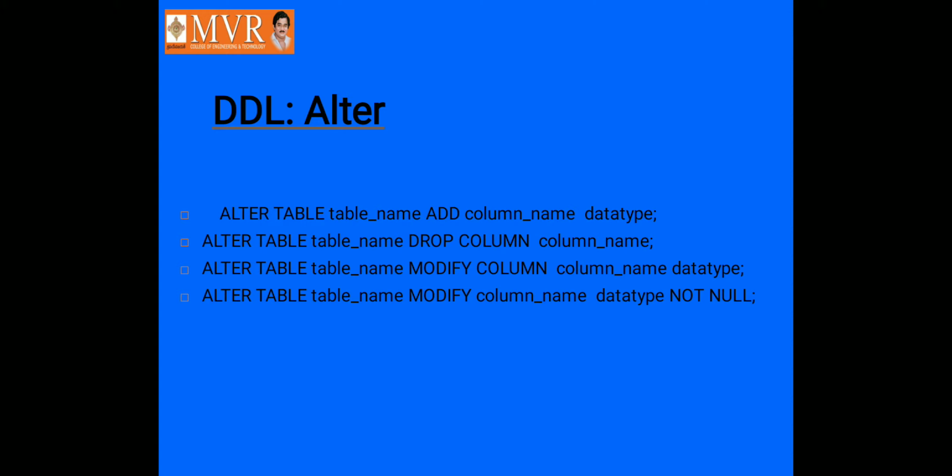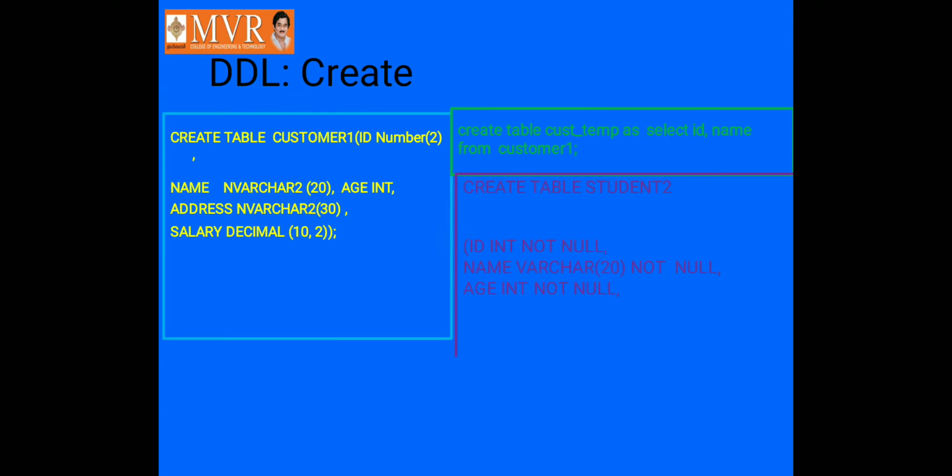The next command is alter. Alter table name, add column name, data type. Suppose in the previous one we used salary decimal 10 comma 2, which we already created.